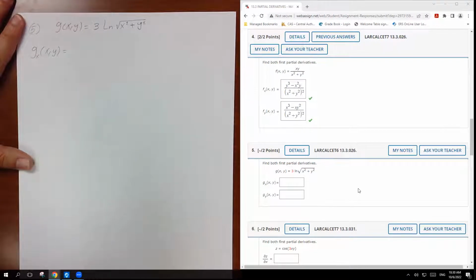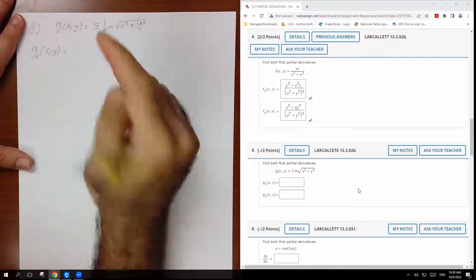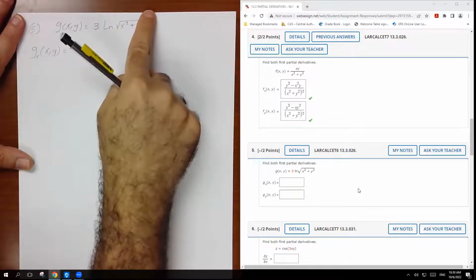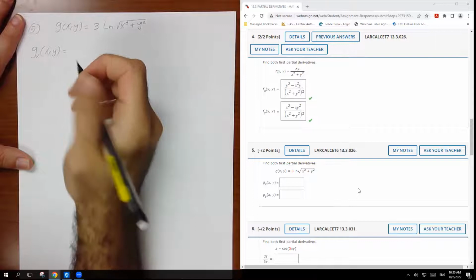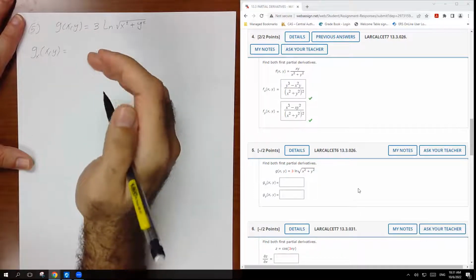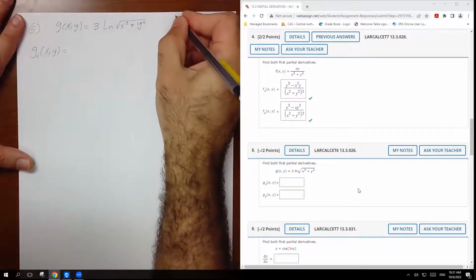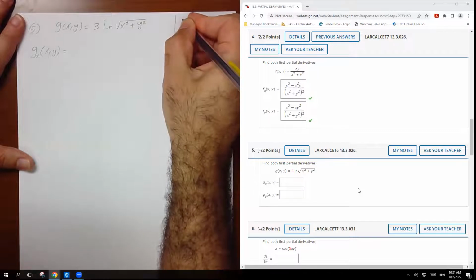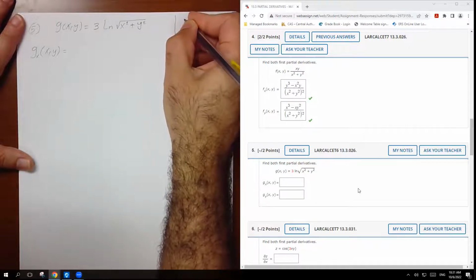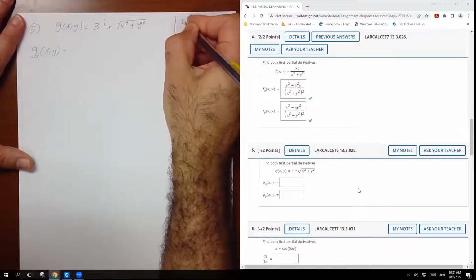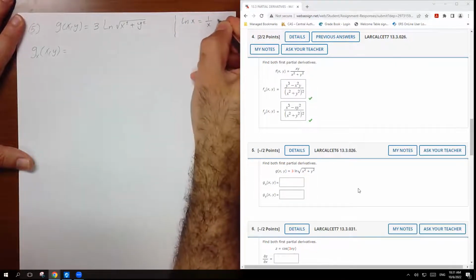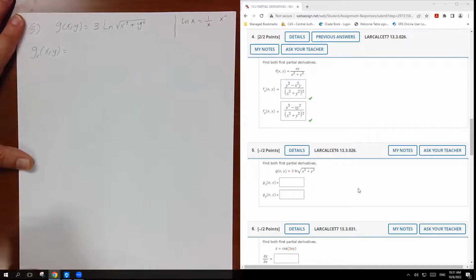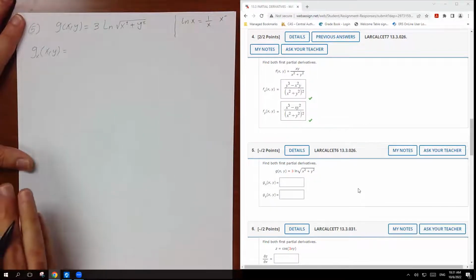What I'm going to do is convert this one to exponents, to the half. If you have to find the derivative of ln x, it is going to be 1 over x times the derivative of x. Okay, so that's what we're going to do here.